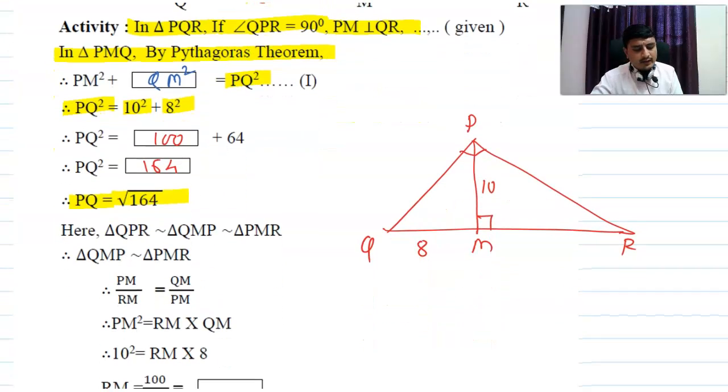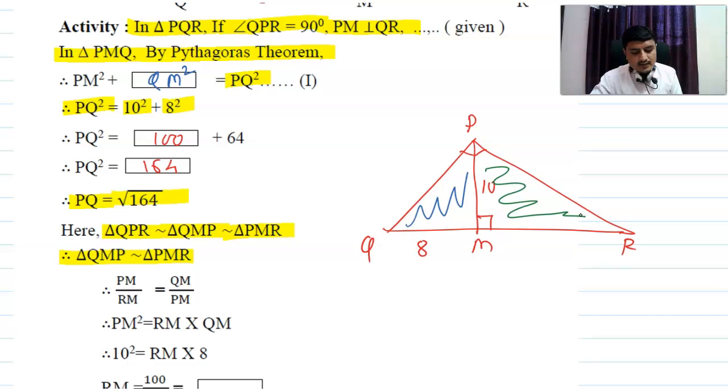So the three triangles PQR, PMQ and PMR are similar, so triangle QPR is similar to triangle QMP, which is similar to triangle PMR. Now consider triangle QMP, this blue shaded triangle, which is similar to triangle PMR, this green shaded triangle.